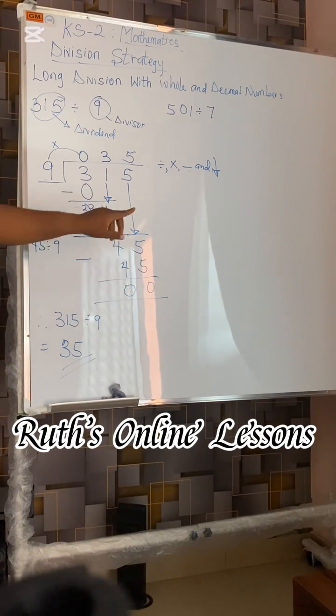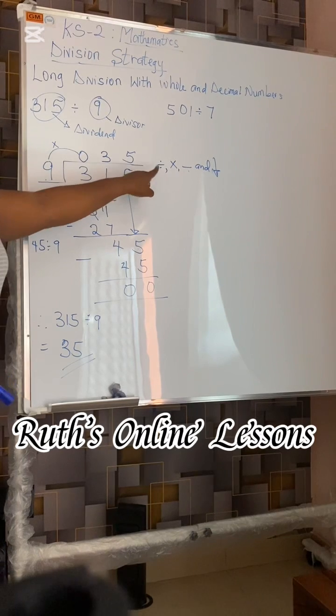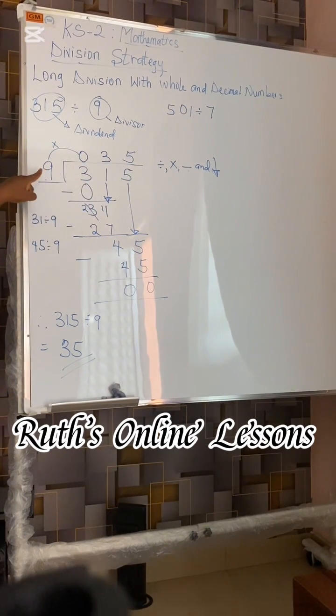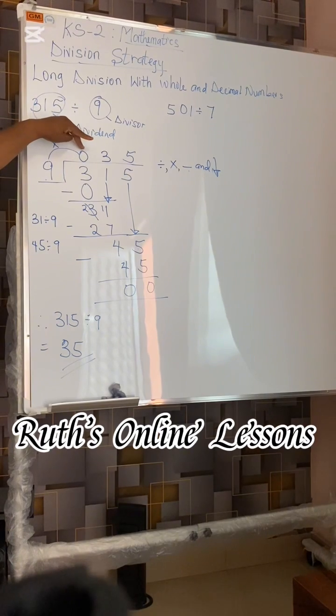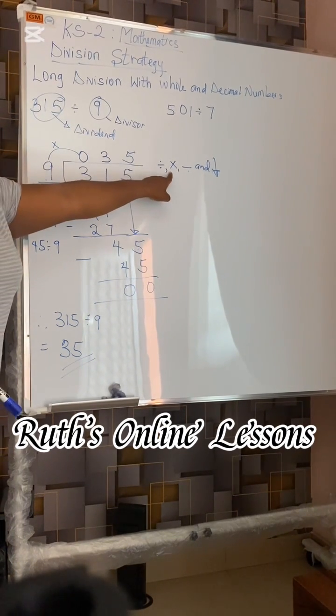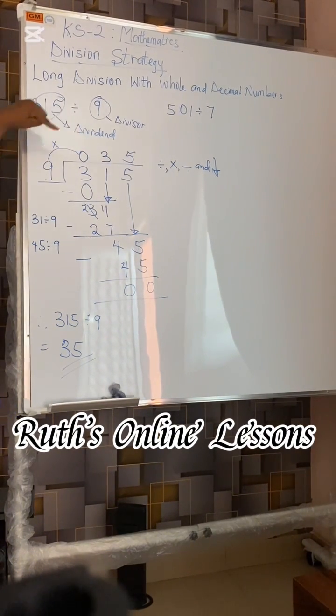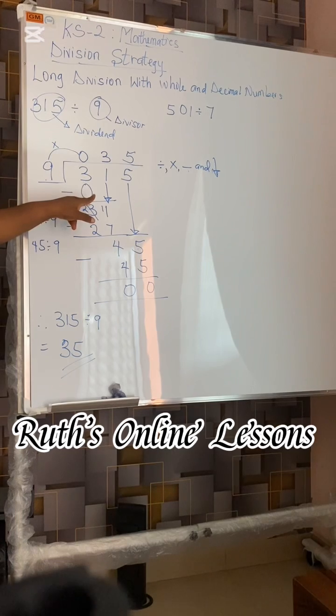Follow the rules. First, you divide. Divide whatever you have here by your divisor. Once you are done dividing, whatever you get as your answer, you put it up. After the division, you multiply. You multiply what you got here and here. And whatever you get as you multiply, you're going to bring your answer down here.